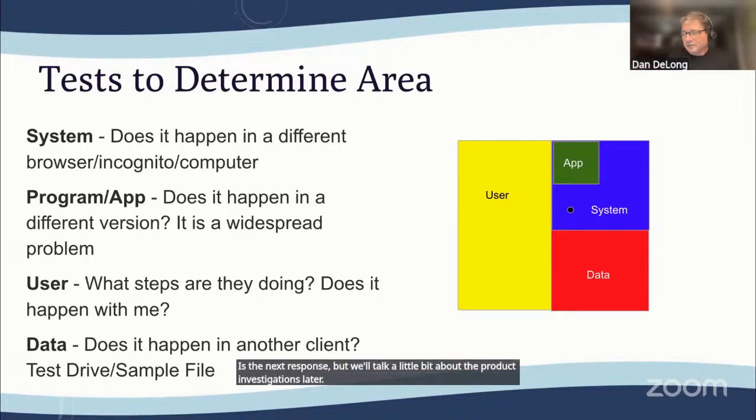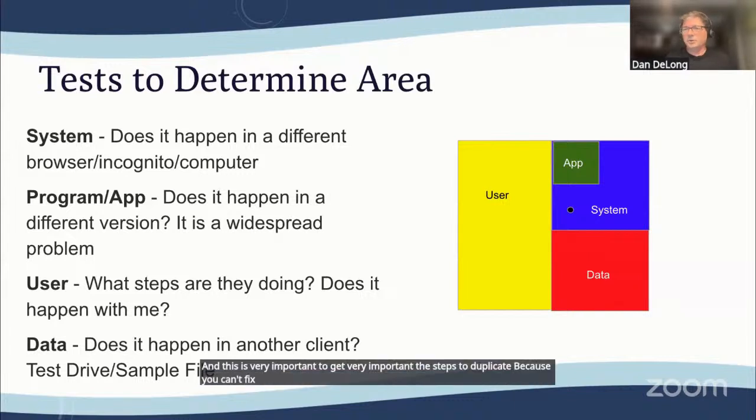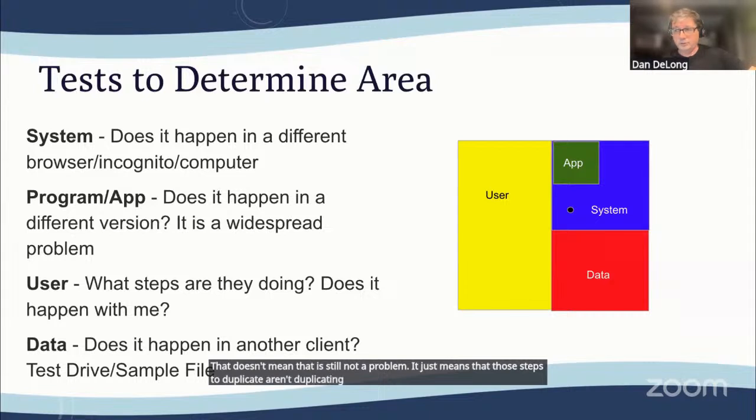User, what steps are they doing? Does it happen with me, right? And this is very important to get the steps to duplicate, because you can't fix what you can't duplicate. So if you don't see the problem, that doesn't mean it's not still a problem. It just means those steps to duplicate aren't duplicating the problem for you, right? So if somebody says, well, I'm creating a deposit, well, where do you go to do that deposit?